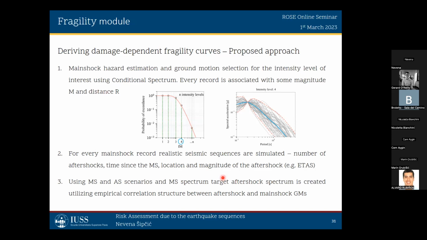So in that way, we sample a certain number of aftershocks, also time since the main shock, location, and magnitude of the aftershock. Using the main shock and aftershock scenarios and using the main shock spectrum, we define the target aftershock spectrum. To do so, we need to have the empirical correlation structure between the aftershock and main shock ground motions, between their spectral coordinates.